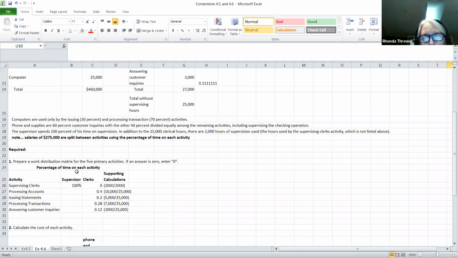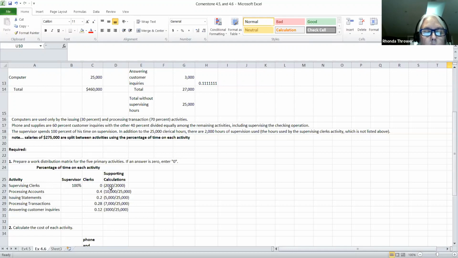So when you're looking at the percentage of time on each activity, the supervisor would be supervising the clerks, and they're spending 100% of their time supervising the other clerks. The supporting calculation would be 2,000 hours divided by the total hours, which is 2,000. So 100% of 2,000 hours is 2,000 divided by 2,000.